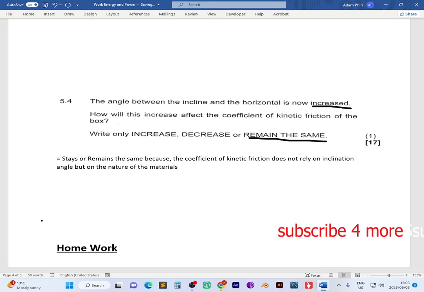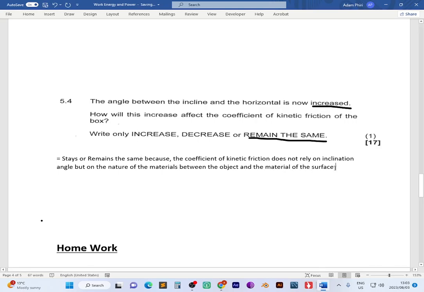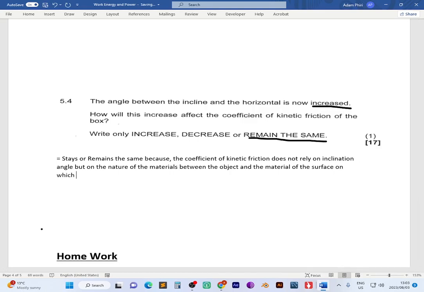Yeah, so that is it. You should also know that and bear that in mind. Between the object and the surface: what material is the surface made of, and what material is the object made of? So the relationship between the two is what creates the coefficient of kinetic friction or static friction.